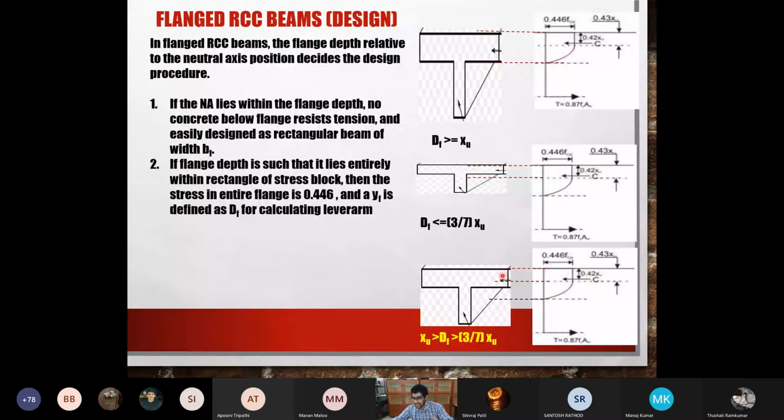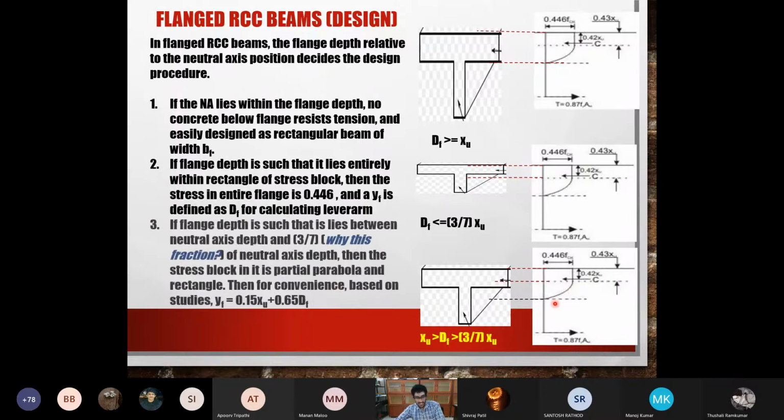At the same time, it is deeper than the rectangle of the stress block. Some part of the flange will have 0.446 FCK stress. Some little bit part of the flange will have some other stress according to this parabola. So that is the most complicated case among all.